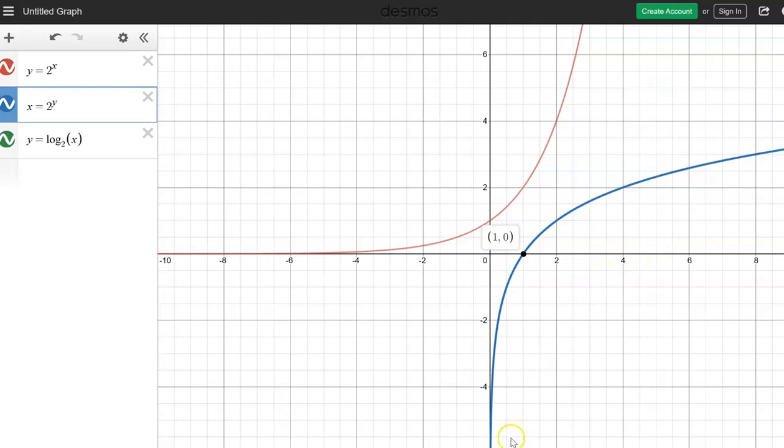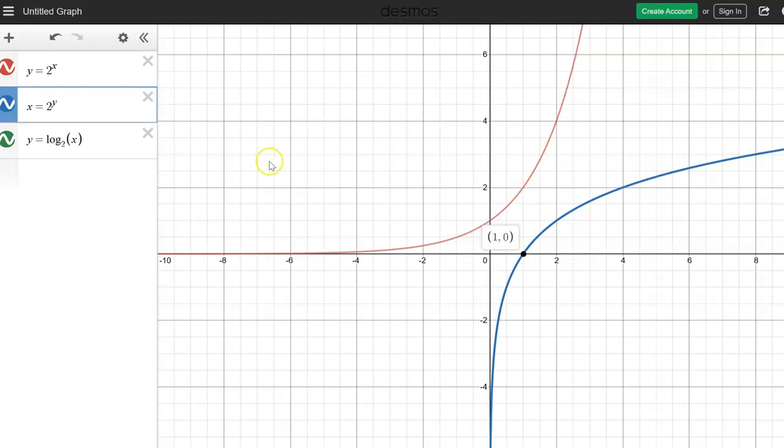But the logarithmic function is the inverse of the exponential, so notice that there is no y-intercept, but there is an x-intercept. It also makes sense that the asymptote has changed to a vertical asymptote. x equals 0 is a vertical asymptote for the log. So logarithmic functions have vertical asymptotes, and exponential functions have horizontal asymptotes.